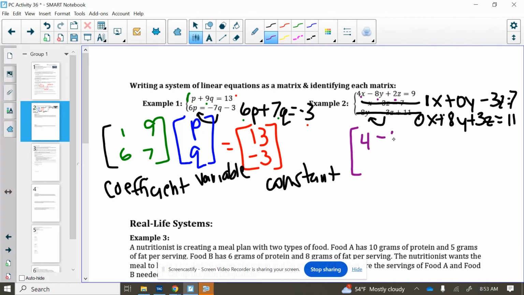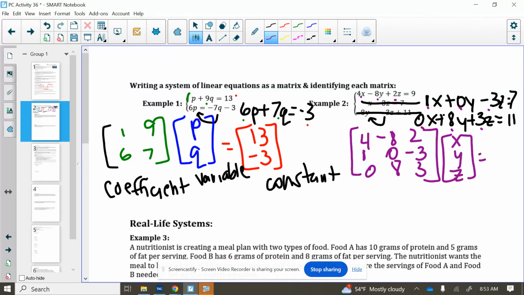So 4, negative 8, 2, 1, 0, negative 3, and then 0, 8, 3 as our last row. Variables this time are x, y, and z, and they are equaling 9, 7, and 11.